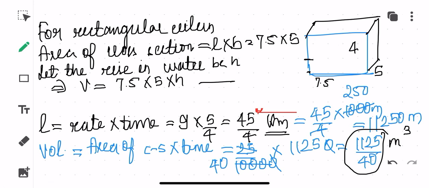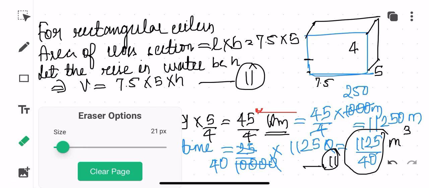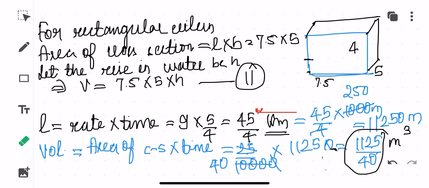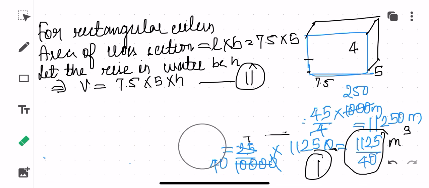So if you want, you can take this as equation number 2. If you want this, you can take as equation number 1. Not 2, children. This you are taking as equation number 1, and then you can write from 1 and 2, or else if you want you can just do this directly. So what are you going to get from here? You are going to get that from 1 and 2.